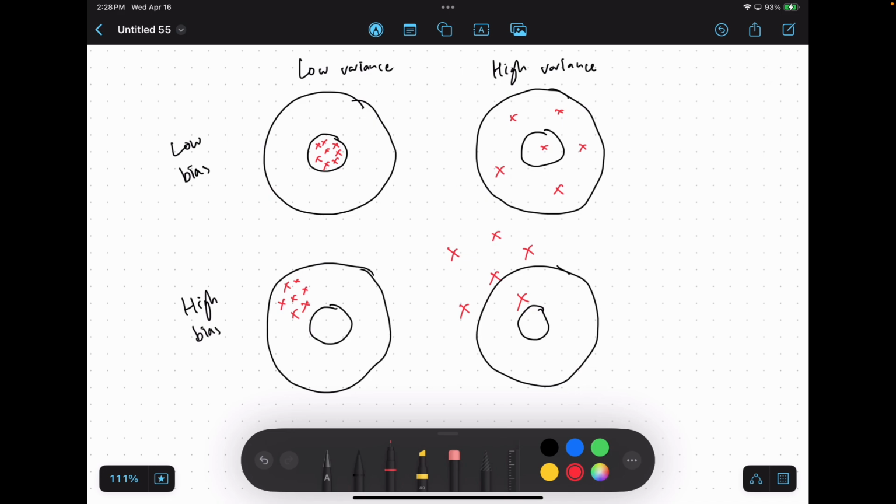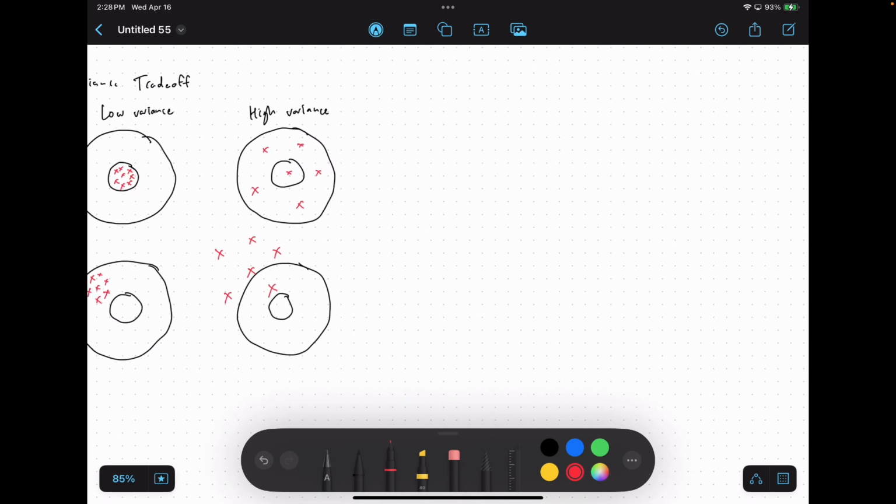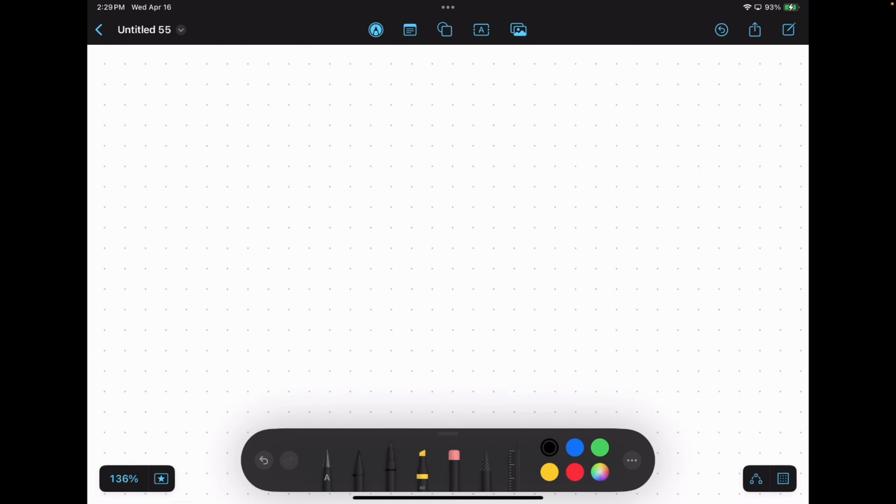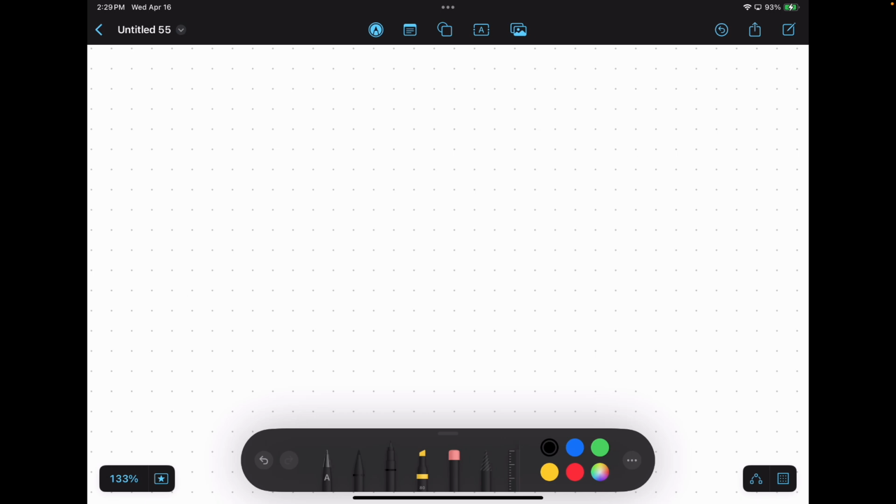Okay, so when we talk about error, I'm going to write out the sort of formal statistical equation for what constitutes an error. And it looks something like this.